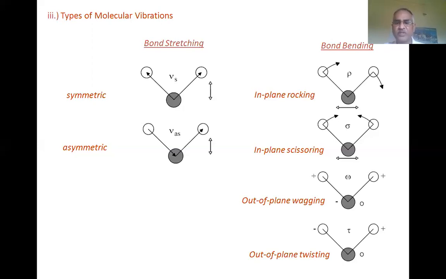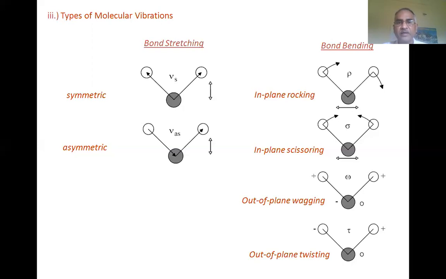When it comes to out of plane bending, we have wagging and also we have twisting. Twisting, you know, use your two fingers and try to twist them. One atom goes into the plane of the paper, one atom comes out of the plane of the paper. That is how the twisting happens.